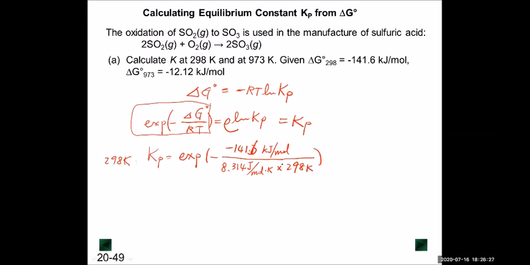You can see the Kelvin cancels, the mole cancels. Finally, kilojoule divided by joule, so I need to multiply by 1,000 joule over kilojoule. That way the joule cancels and the kilojoule is gone. Everything cancels as a power, that's perfect.